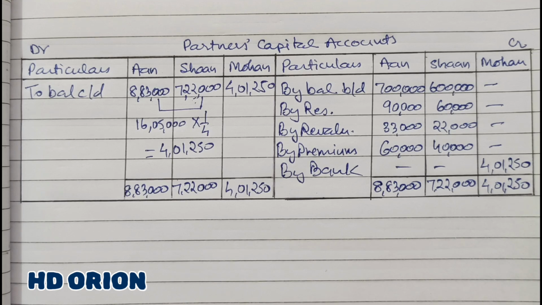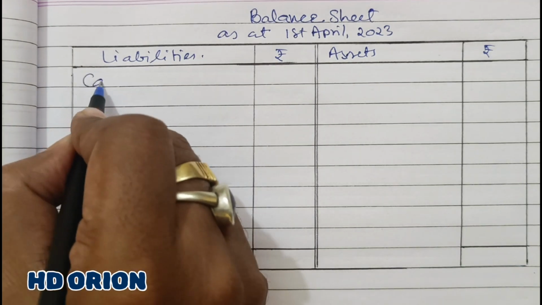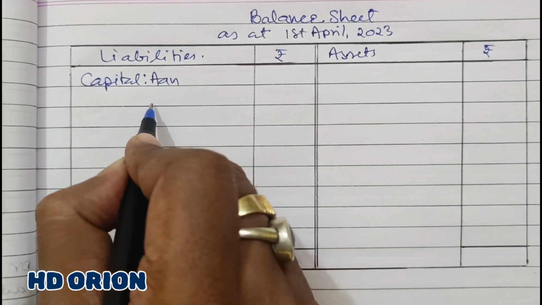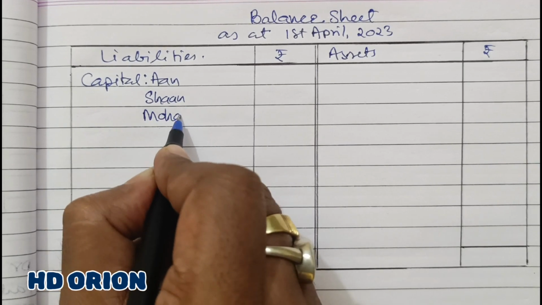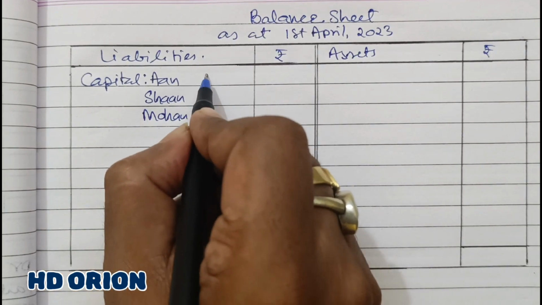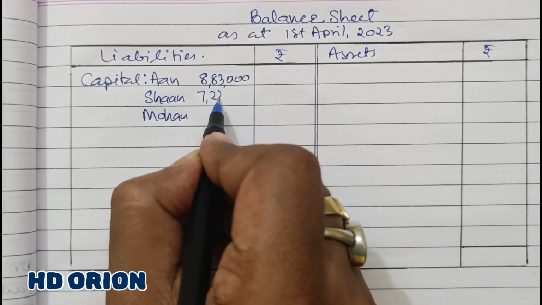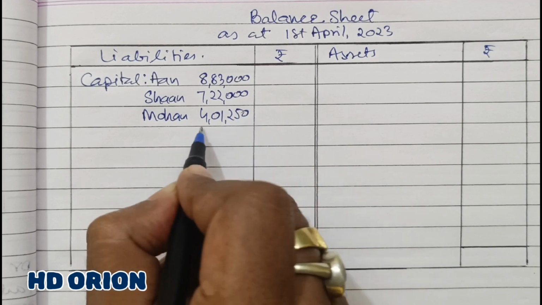Now let us prepare the balance sheet. So in the balance sheet, let us write the capitals of all three partners, Ann, Shan, and Mohan. Closing capital balances, that is 8,83,000, and then 7,22,000, and 4,01,250.